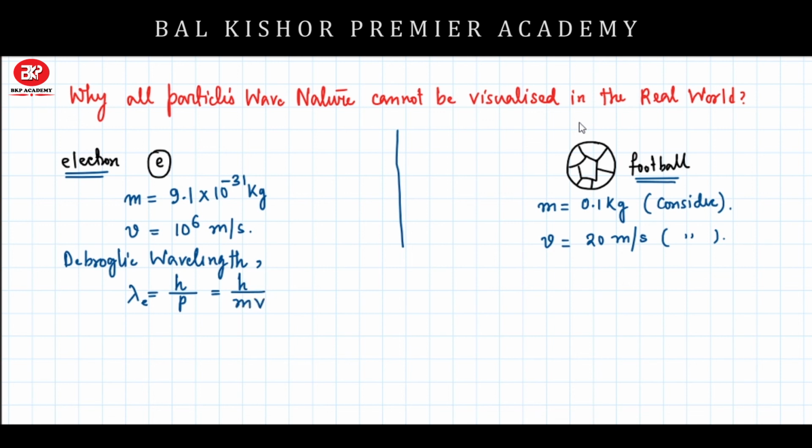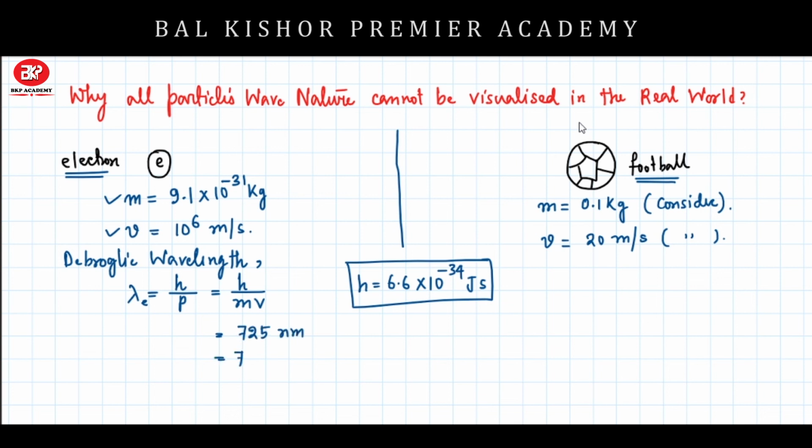Here h is Planck's constant, 6.6 into 10 to the power minus 34 joule second. Putting the value of m, 9.1 into 10 to the power minus 31 kg, and the velocity 10 to the power 6 meter per second, we get 725 nanometer, meaning 725 into 10 to the power minus 9 meter.